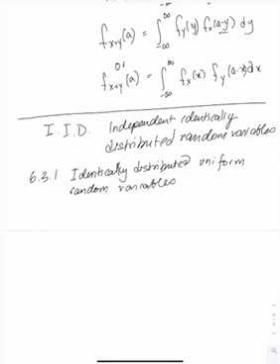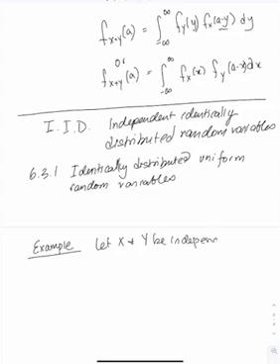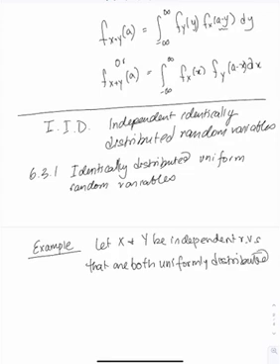And what you can get from over here is: let x and y be independent random variables that are both uniformly distributed on 0, 1. Calculate the PDF of x plus y.